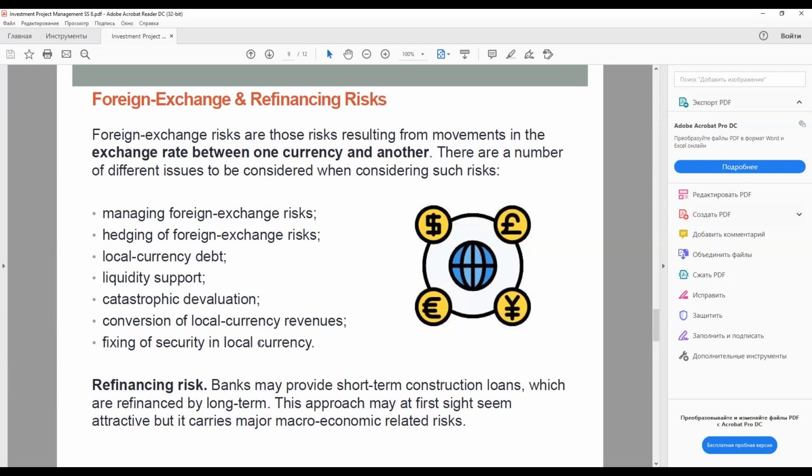Liquidity support. Development financial institutions may be able to provide a standby loan to support a project where its revenues are in a local currency, but financing costs are in an offshore currency, such as dollars, euros, yen, etc. This may take the form of a revolving loan or a guarantee to the lenders who would provide an extra liquidity tranche to cover the time lapse between a devaluation of the local currency and the subsequent increase in inflation that should over time be sufficient to compensate the project for the effect of this devaluation on its ability to service foreign currency debt.